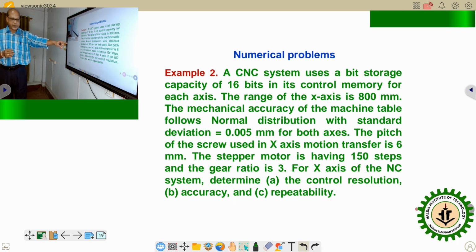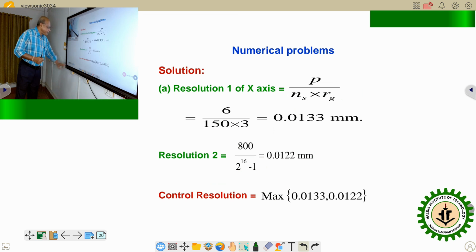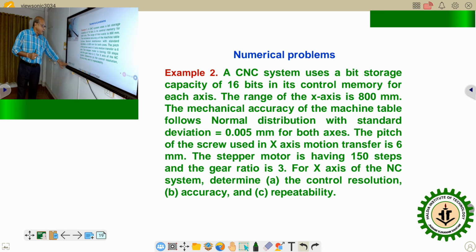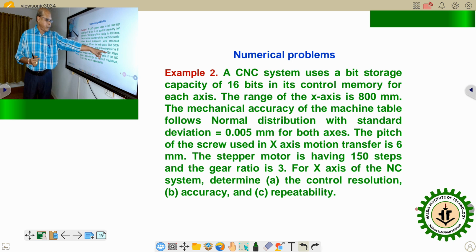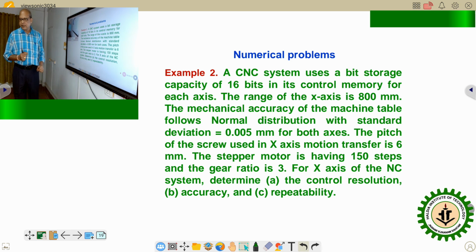When all sorts of data are given, be careful for GATE or some competitive examination or MCQ. If sufficient data are available, then you have to calculate both resolution 1 and resolution 2 and compare. So first, P by NS into RG, that is resolution 1. Pitch is 6 millimeter, number of steps of the stepper motor is 150 and the gear ratio is 3.